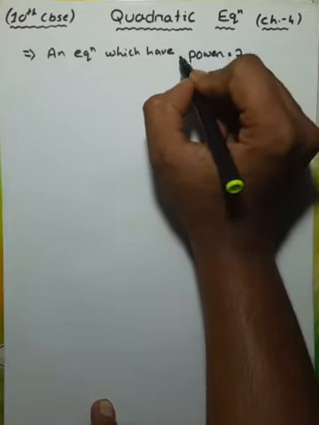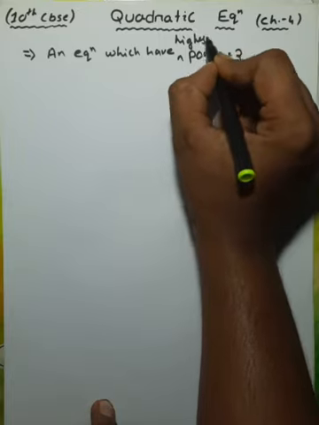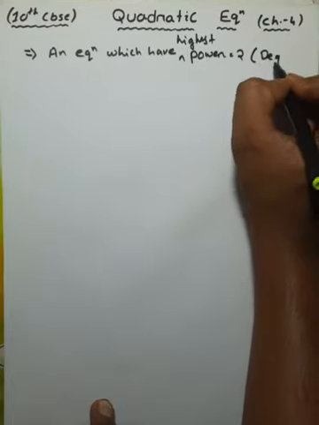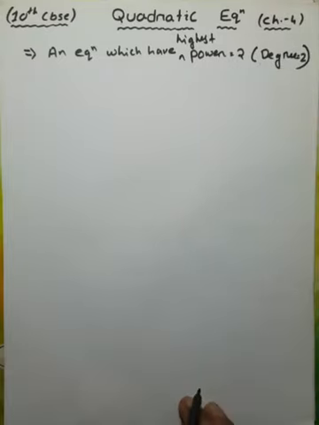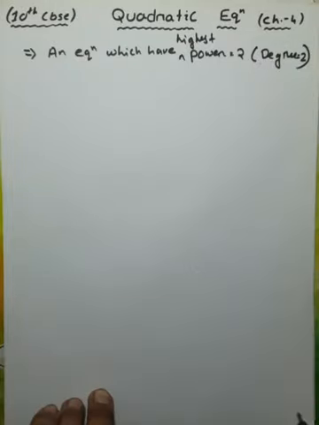This highest power is also known as degree. So an equation having degree 2 is known as a quadratic equation.